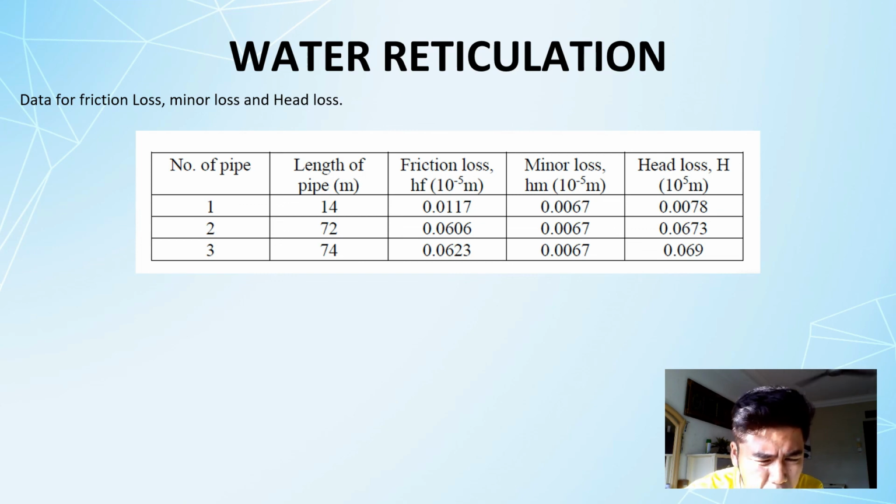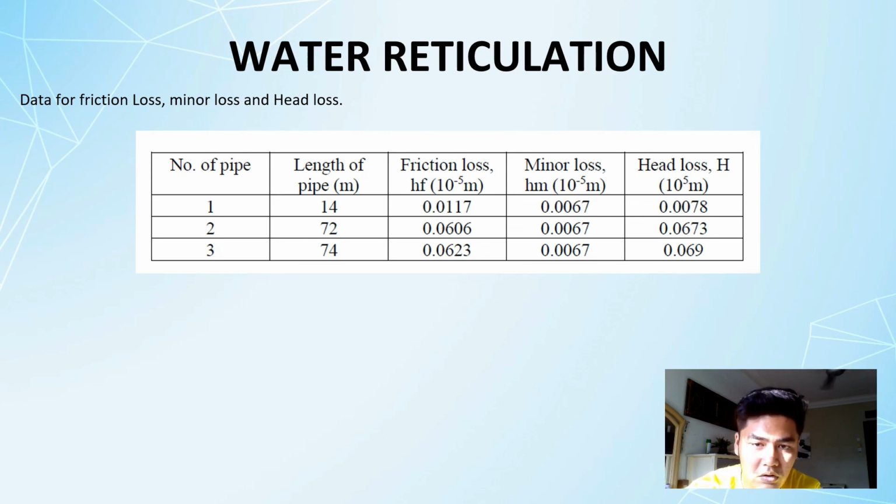For pipe number 2, the length of pipe is 72, the friction loss is 0.0606, the minor loss is 0.0067, and the head loss is 0.0673.